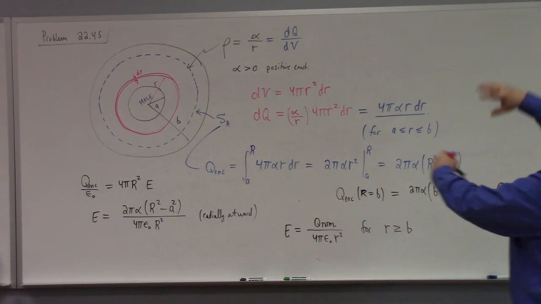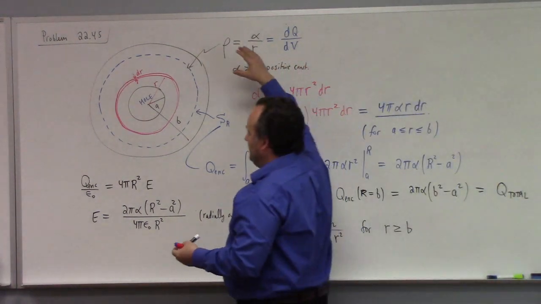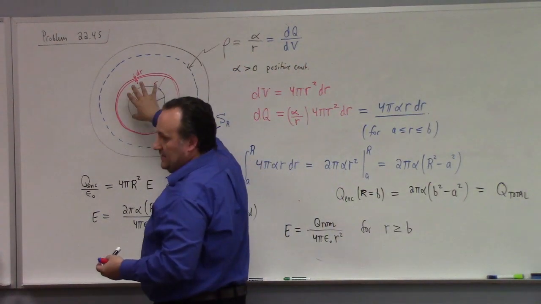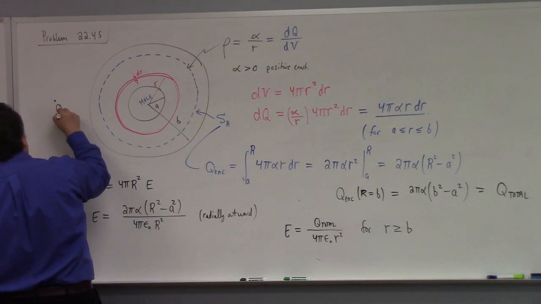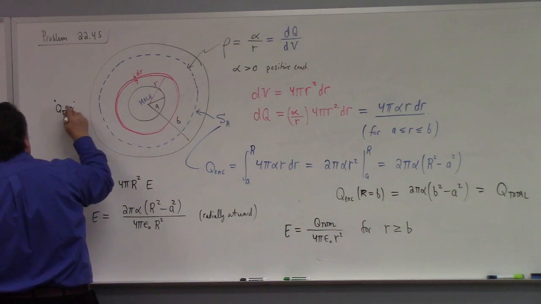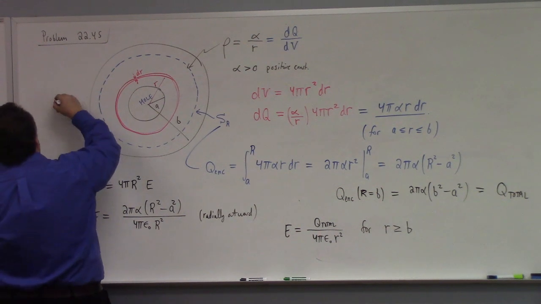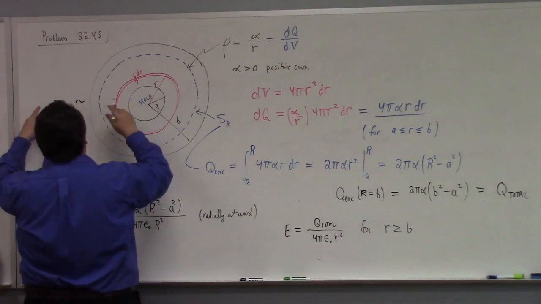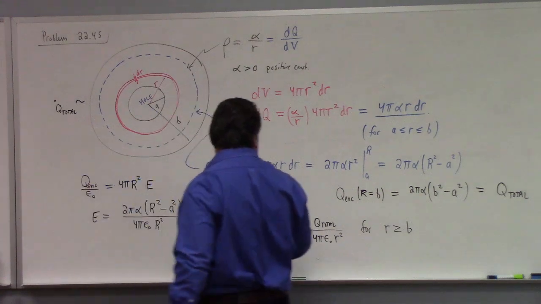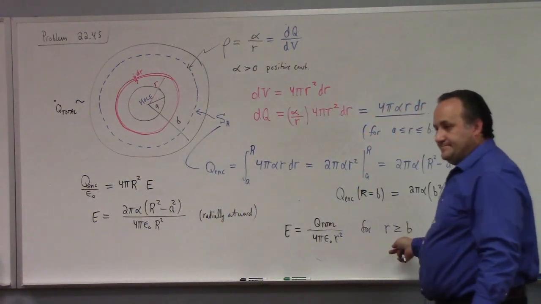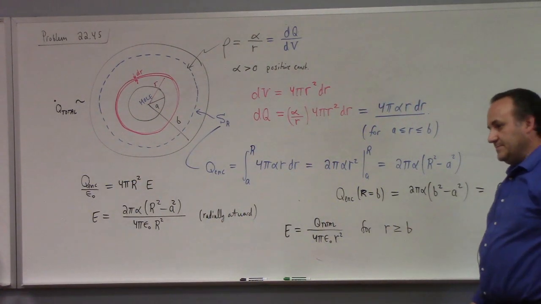Once you're outside of where the charge is distributed, for all intents and purposes, it's equivalent to just a single charge in the middle of Q total. That's how these work. This is the same as that if we're outside of B. It's just the Coulomb field again.